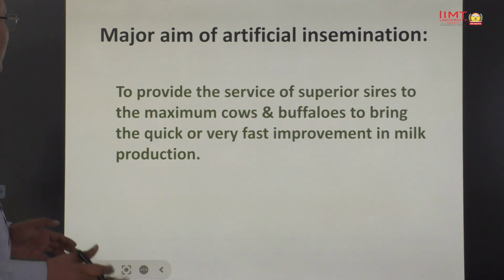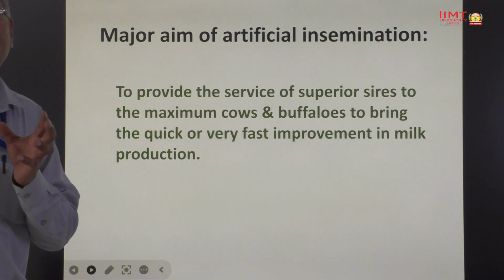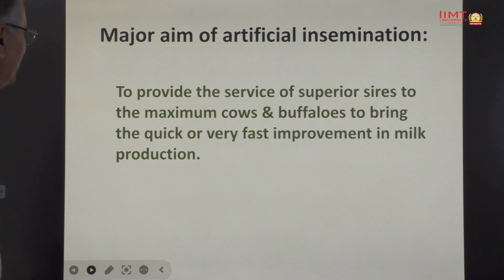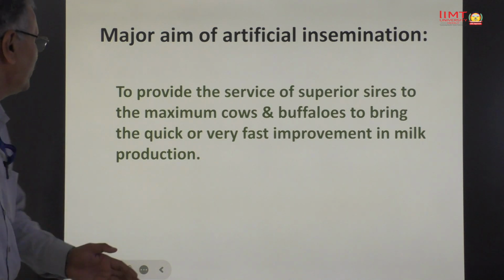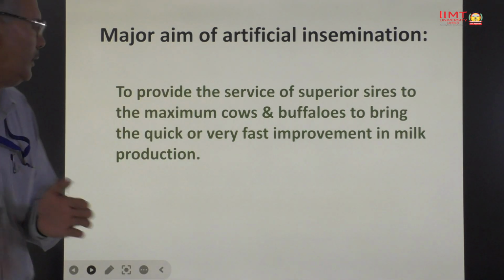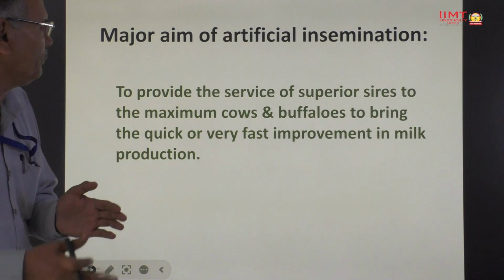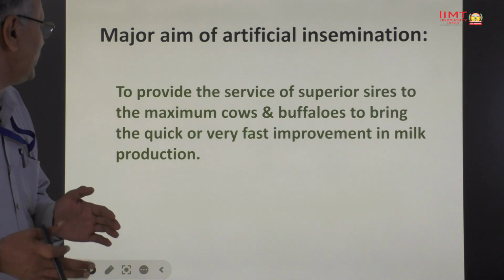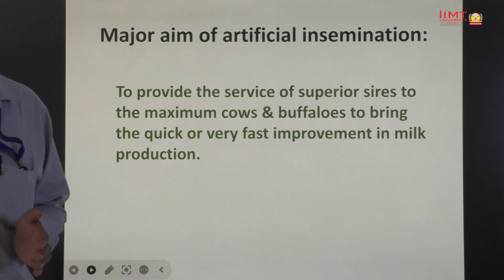What is the aim of artificial insemination? Or you can say, what is the major aim of artificial insemination? The major aim of artificial insemination is to provide the service of a superior sire to the maximum number of cows and buffaloes to bring quick improvement in milk production.